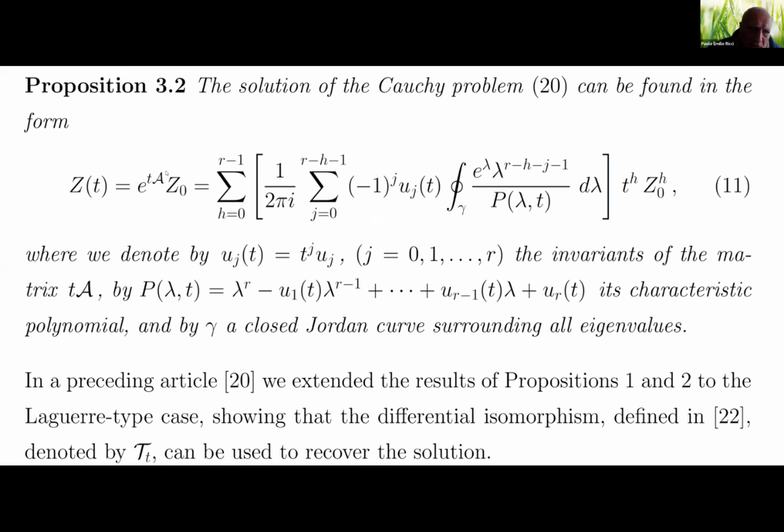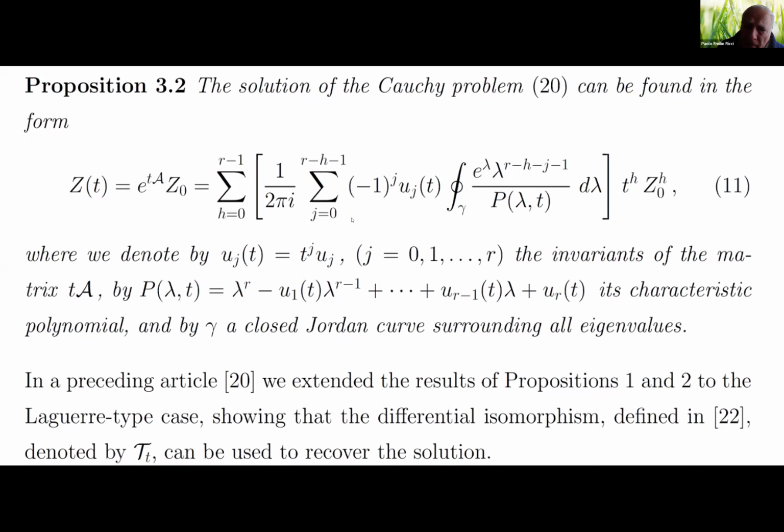If you apply the exponential of the matrix to the initial value zeta 0, there is a very classical closed form in which we use the characteristic polynomial of the matrix t times A, whose coefficients are also called the invariants of this matrix, and we use a contour gamma enclosing all the eigenvalues of this matrix.